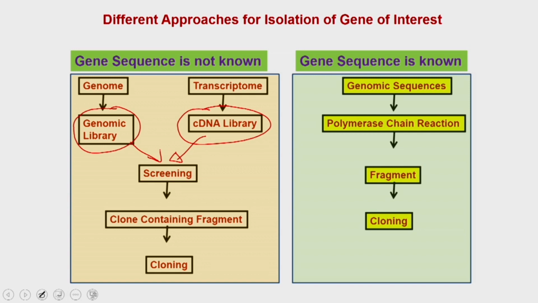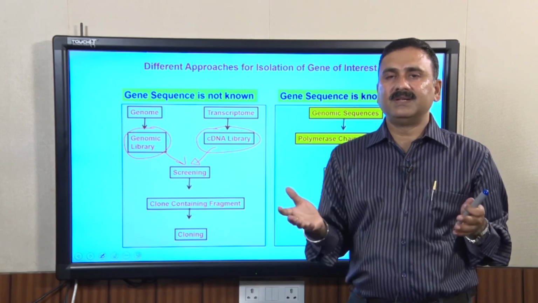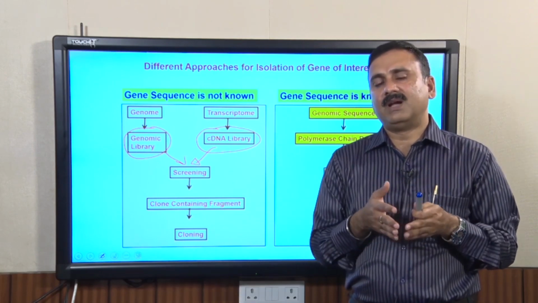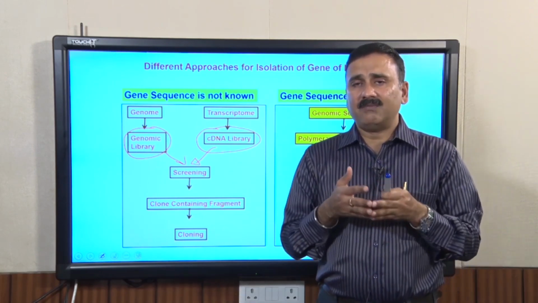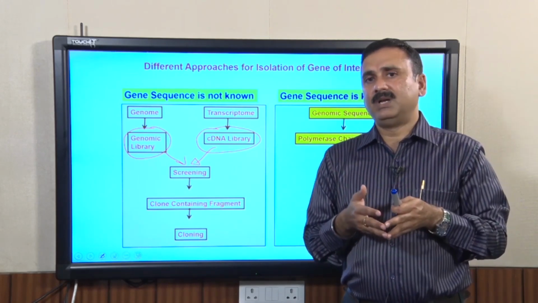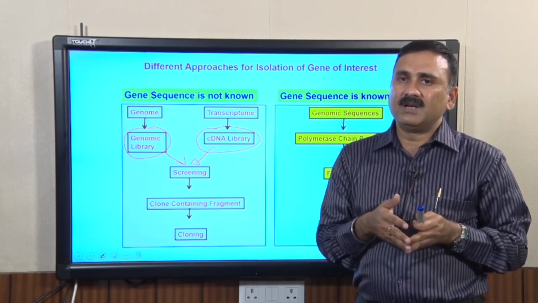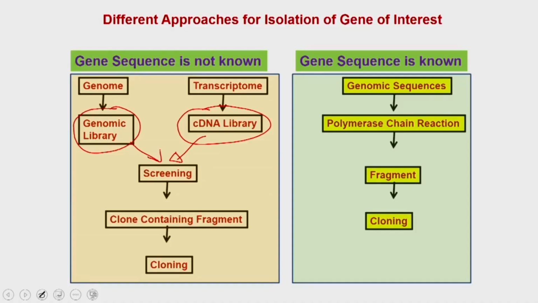So, what we have discussed so far in this lecture are the different approaches available for you to isolate a particular gene sequence. You have two different approaches: one when the gene sequence is not available, and one when the gene sequence is known.